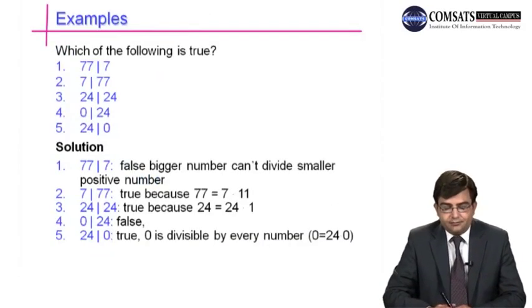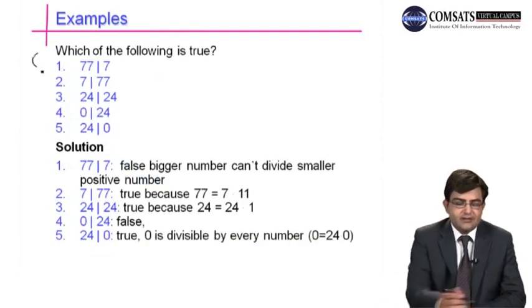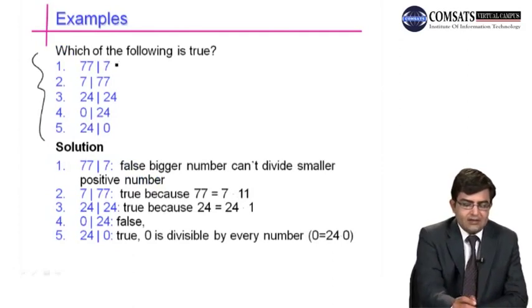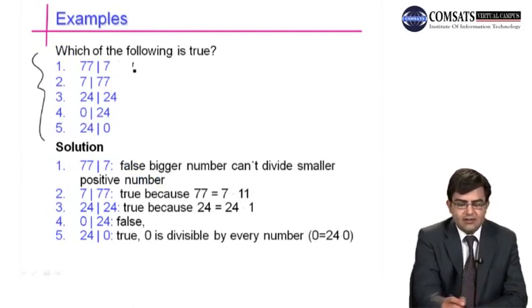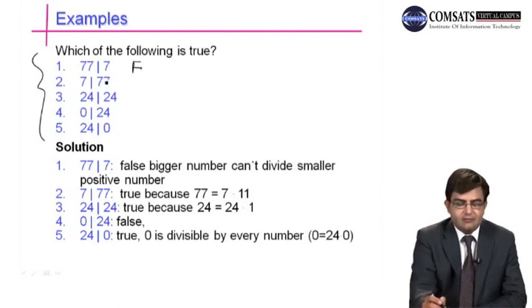So this is how we write division in number theory. For example, which of the following is true? 77 divides 7. Is it true? No, this is false, because 77 doesn't divide 7. The second, 7 divides 77.